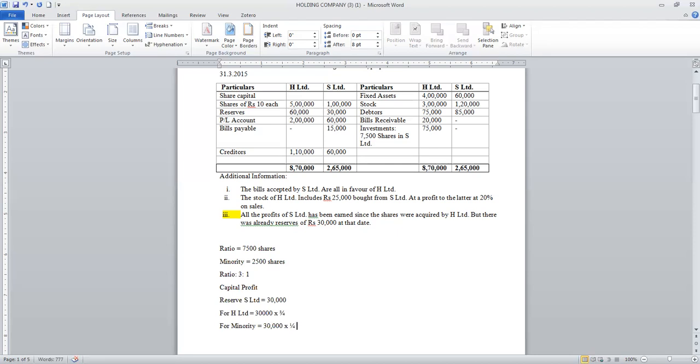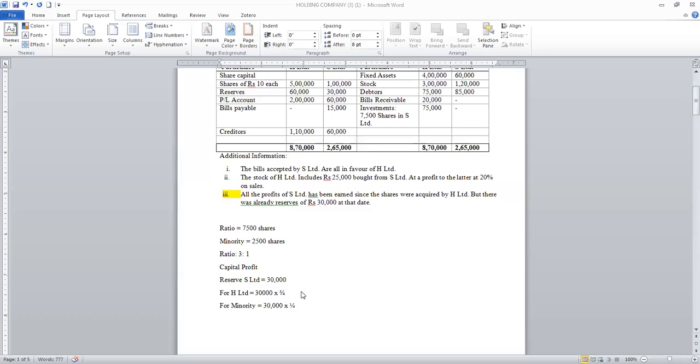That means 3/4 goes to H Limited and 1/4 goes to the minority. So H Limited's share comes to 22,500, and the minority's share is 7,500. This is the 3:1 ratio distributed between the two.